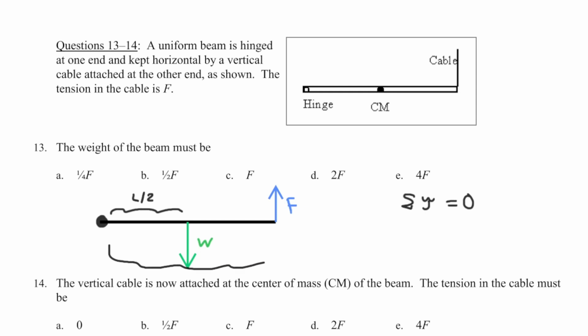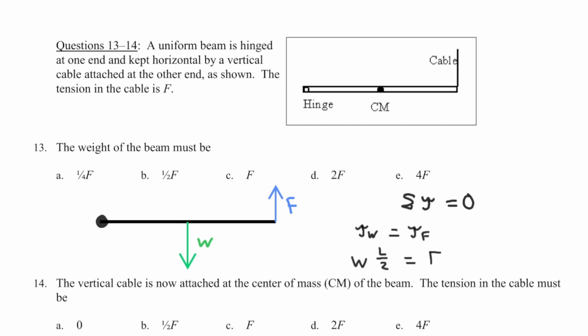And this distance down here is just going to be L. So this means that the torque caused by the weight has to equal the torque caused by the tension force. So the weight force, which is applied a distance L over 2 away, must be equal to the force F, which is located a distance of L away. And notice that L actually cancels out, so we get that W is just going to be equal to 2F.